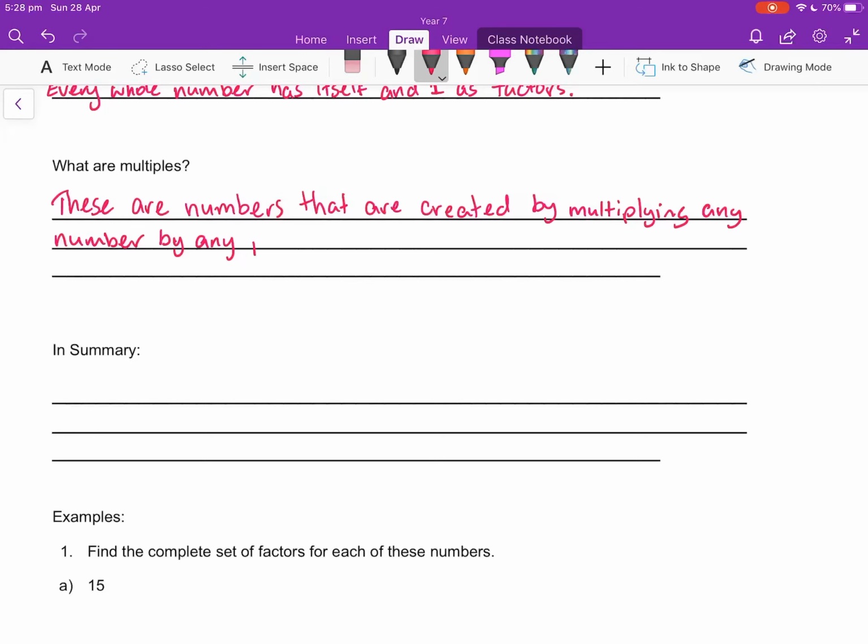And it can be any positive number, and the word we use for that is integer.